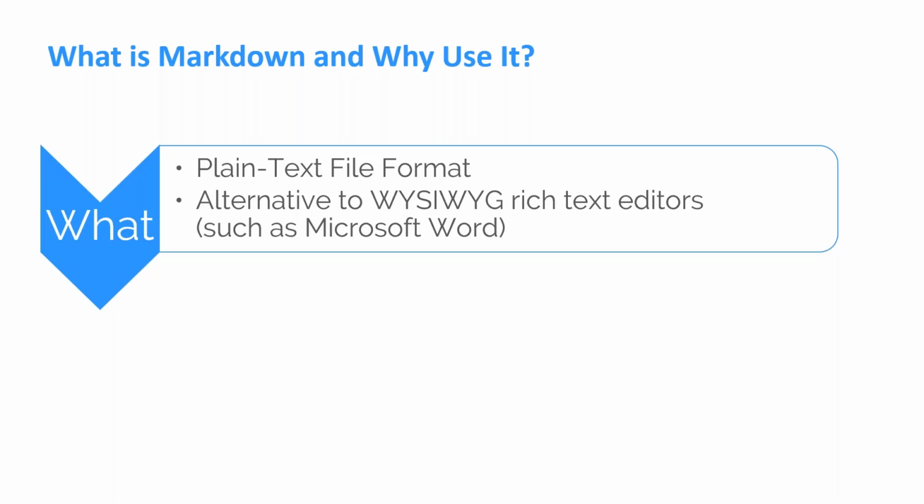As a matter of fact, docx is a zipped file that contains all of that. You can open that up with a compressed file editor and see all those files. When we use Markdown, there's one file and it is in plain text format. It's just ASCII text code.